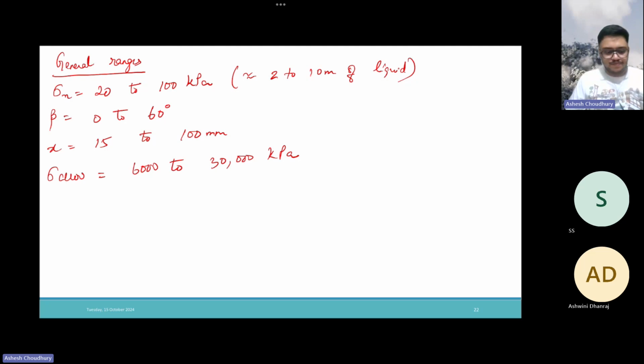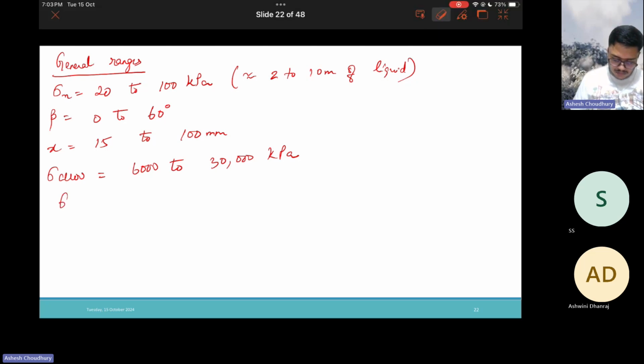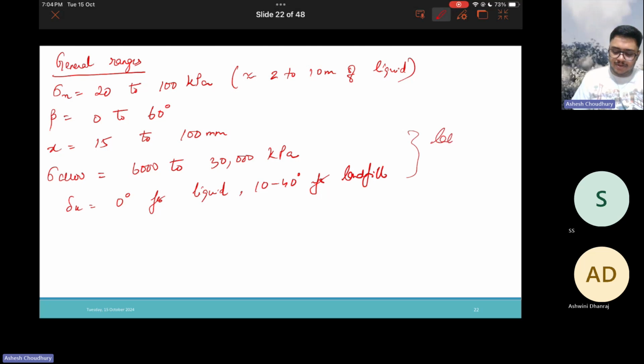The deltas are all determined from lab tests. So these are the general ranges of all the values that we use.